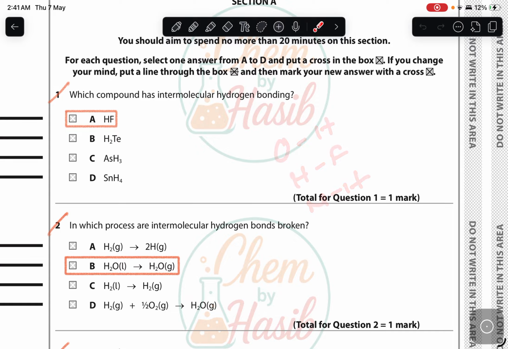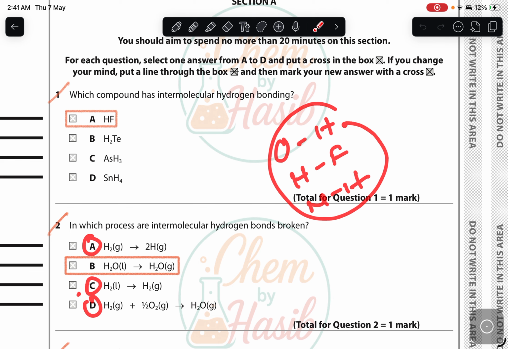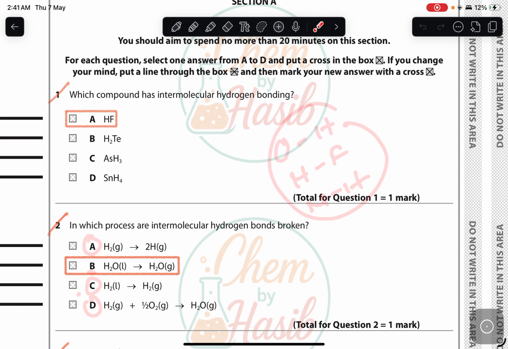So the options A, C, and D don't have molecules that have any of these bonds. Only B has OH bonds in it. So B will definitely be the answer, because when you heat water, it turns into H2O gas. So the hydrogen bonds between the water molecules are broken down, and that is why they turn into gaseous molecules, right?